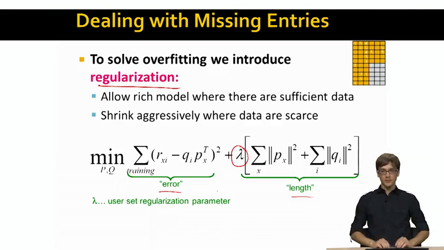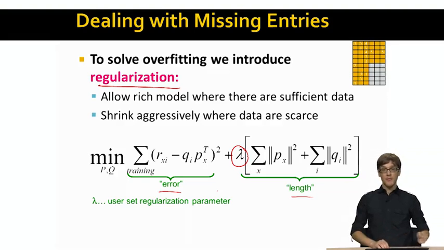And let's just think about what these two pieces are doing, right? So if we really just cared to minimize the training error, then we could set lambda to 0. The complexity of our model on the right wouldn't really matter, and we would minimize the error.